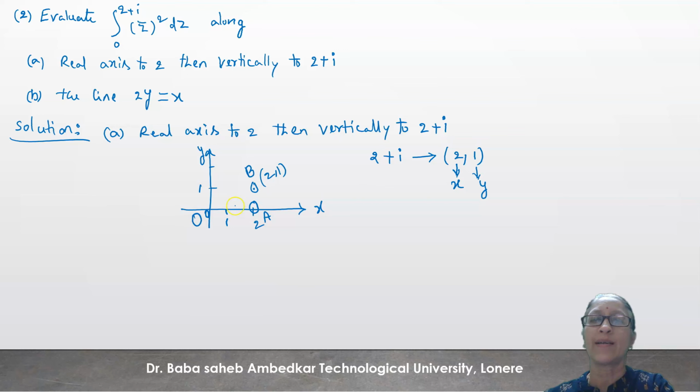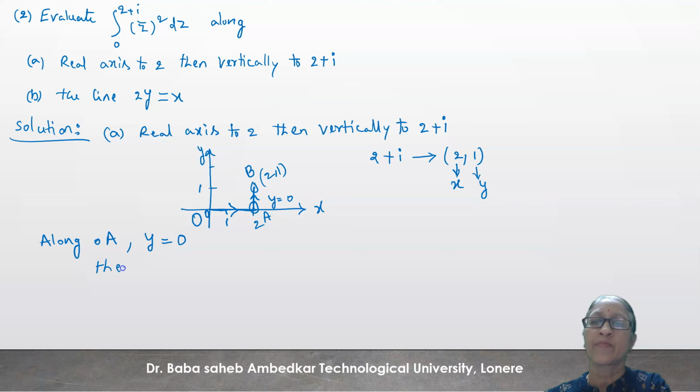So from O to A, along OA, first we have to evaluate the integral along OA, then along AB. After evaluating the integral along OA and along AB, we have to add both the integrals. Now, along OA means it is on the x-axis. So on the x-axis y is 0. So along OA the value of y is 0.